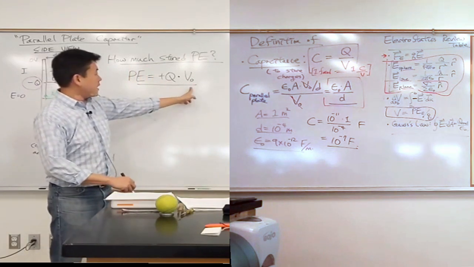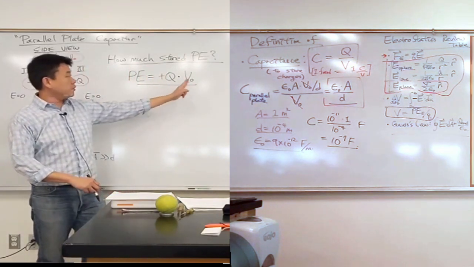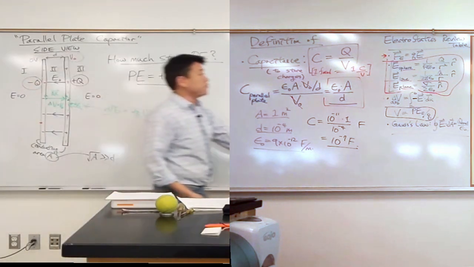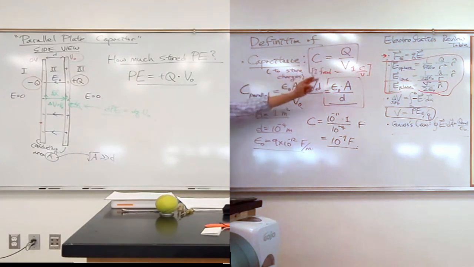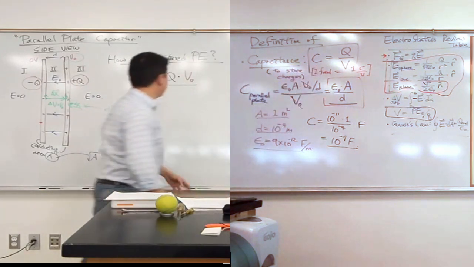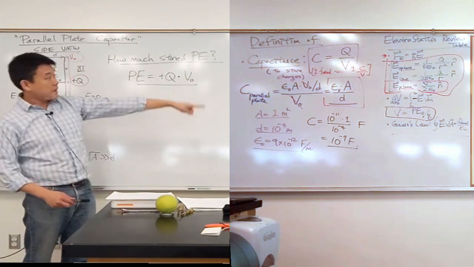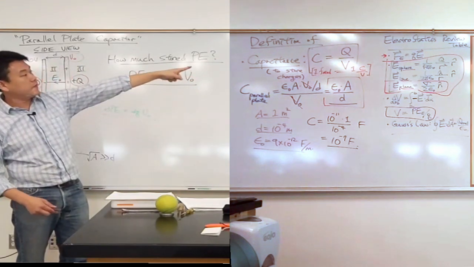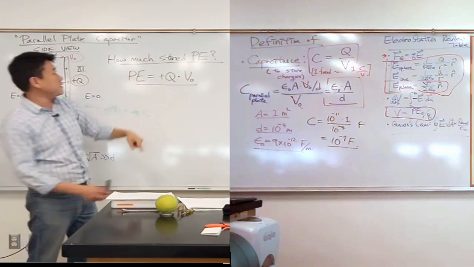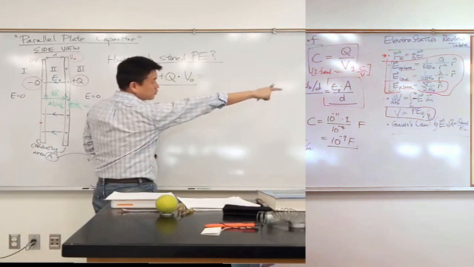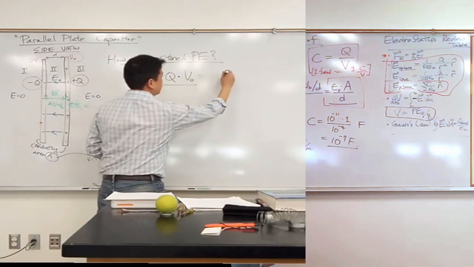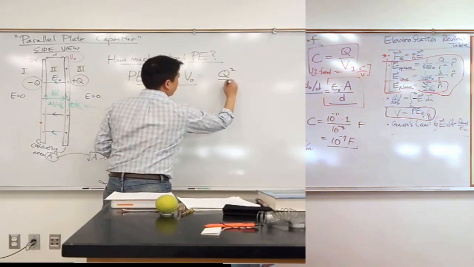So Q times V0, I can turn one into the other quantity using capacitance. Let me turn voltage into charge. Using that relationship, V is equal to Q over C. So this should be Q squared over C.